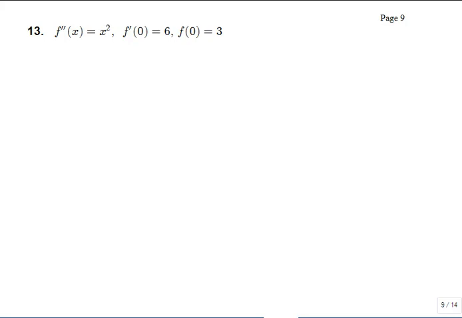All right, our next example, same idea, but this time we're adding a little bit of a complication. Now I'm not telling you f prime of x, I'm telling you f double prime of x, but I still want to know what f is. So if you have f double prime of x, if you integrate once, that's just going to step you backwards once back towards that first derivative.